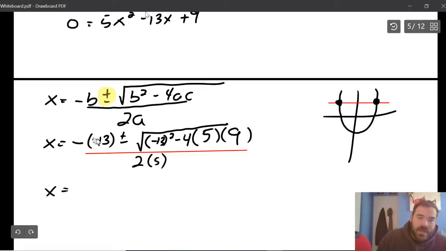Okay, this is going to be the negative of a negative. This is sort of like a negative 1 in front. Negative 1 times negative 13 is just going to give me positive 13. So I can change that sign, plus or minus.